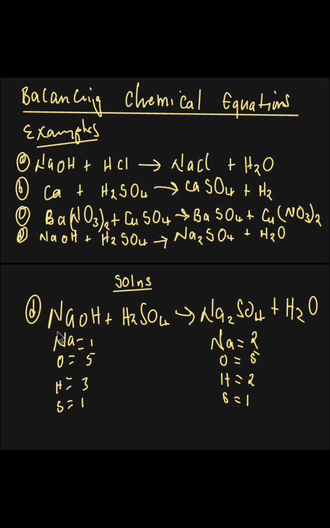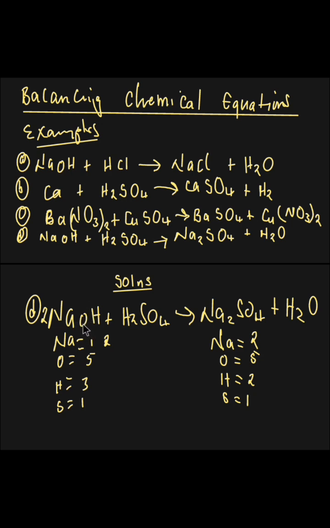Okay, so let's say the smallest number that we can use to balance sodium is 2. Let's say we put 2 there. It would mean we now have 2 atoms of sodium. Then what about oxygen? Oxygen will also be affected.